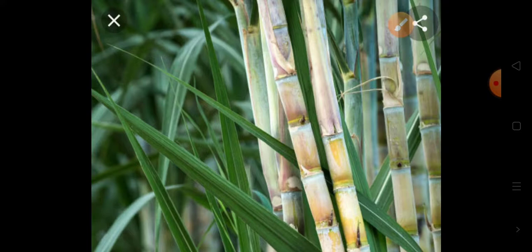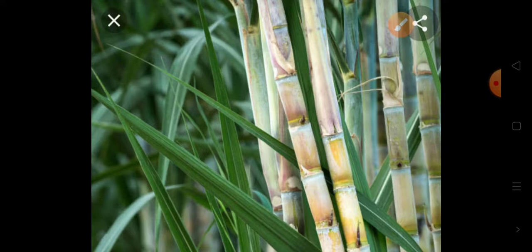The main function of the stem is to hold the plant upright and support its branches. And the stem also carries water to the leaves. And the water taken in by the roots travels through the stem to the leaves.